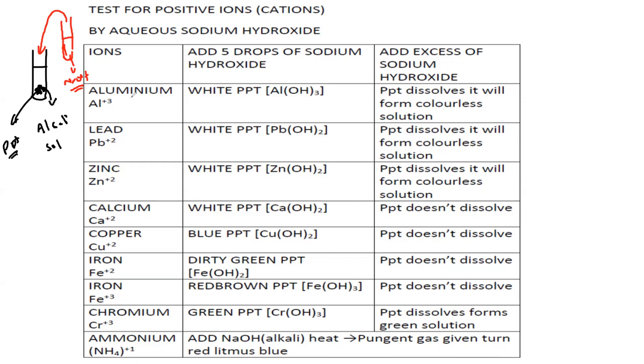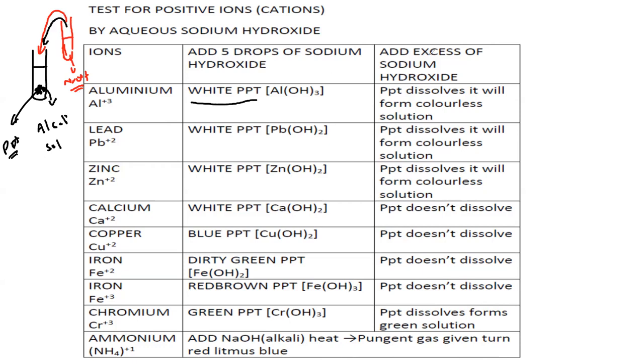So if we have an aluminum salt and we add 5 drops of sodium hydroxide, the observation is that a white precipitate, a white colored solid, is formed. The term precipitate means when you mix two solutions and a solid is formed. When we add excess, meaning more than enough, initially we were adding 5 drops, but now we add too much.